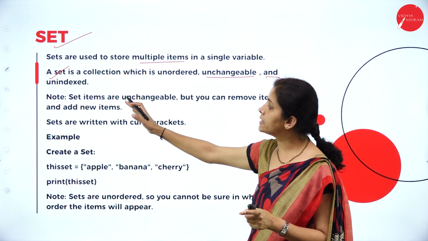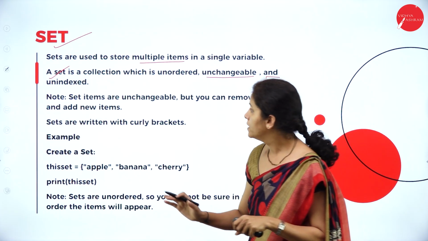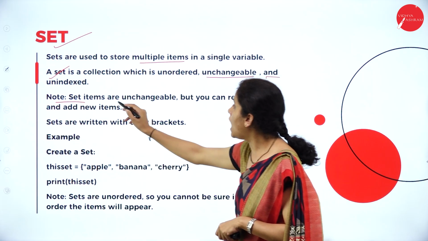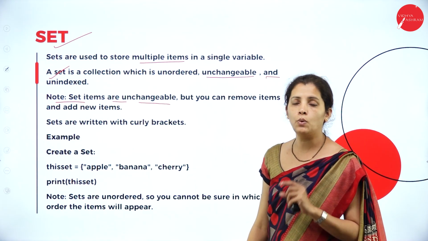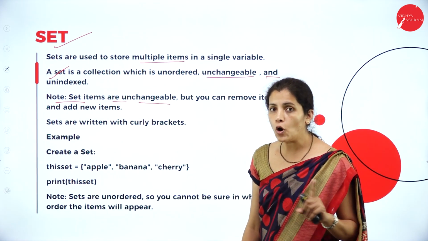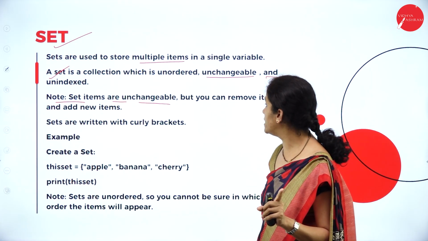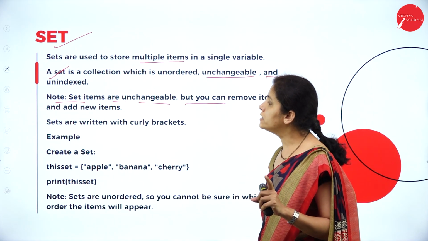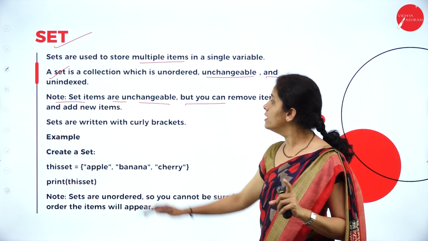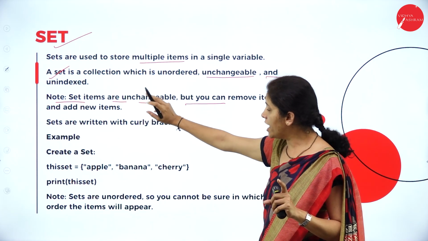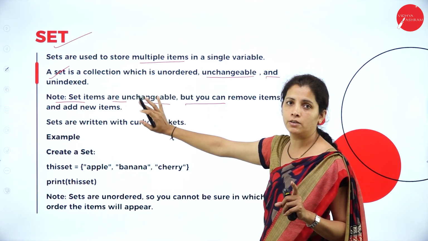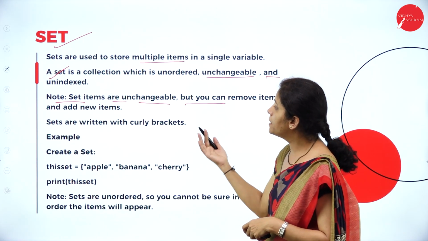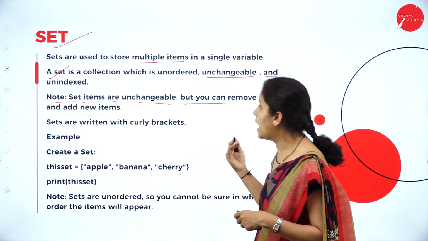So what is unindexed? There is no index. Now, please make a note here: set items are unchangeable. Once the set is created, we are not able to change the item, but we can remove it and add a new item. So it's not possible to change the existing items, but we can add an item and we can remove an item.